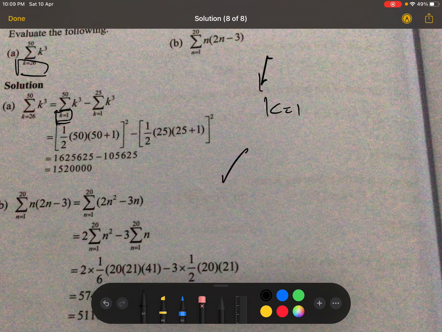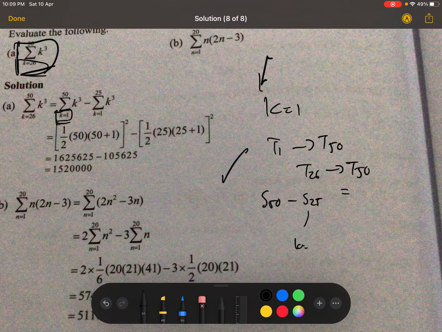But we want to find T26 to T50. So what we can do is S50 minus S25 equals this thing. S25 would be k equals 1 going all the way until 25.